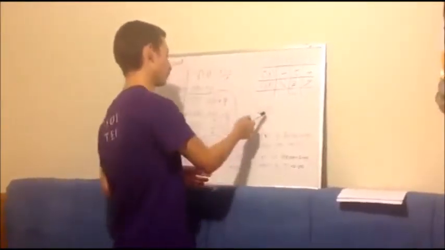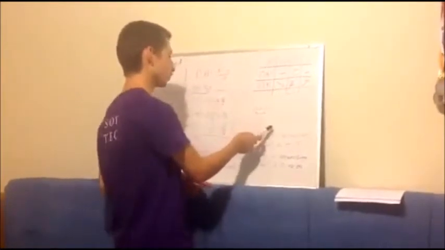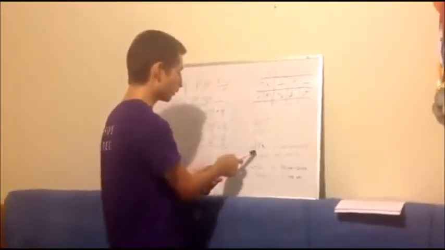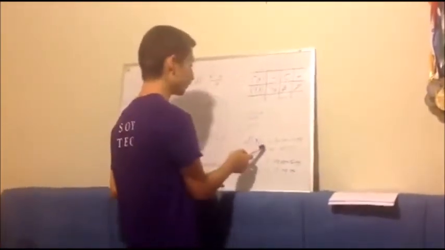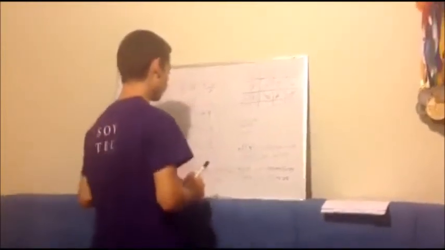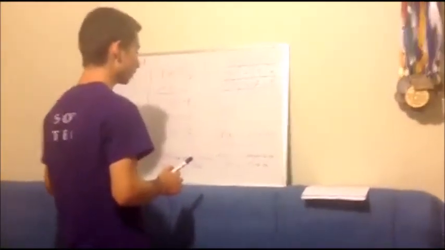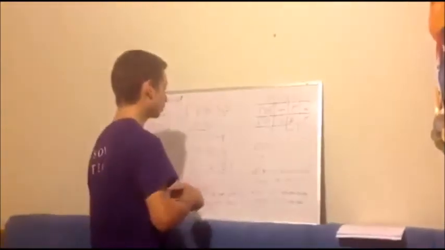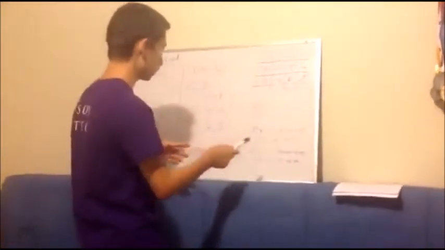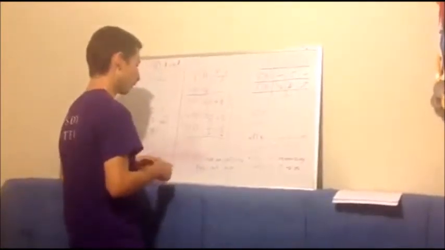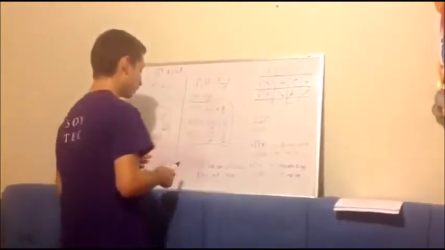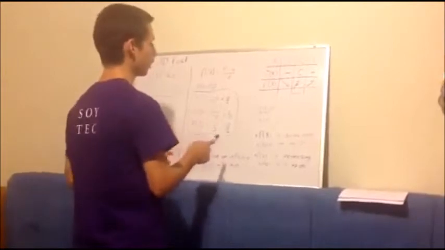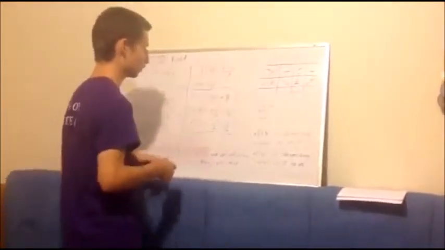The critical point is when x equals 0. The function f of x is decreasing from minus infinity to 0 and increasing from 0 to positive infinity, and there is an inflection point at x equal to 0.